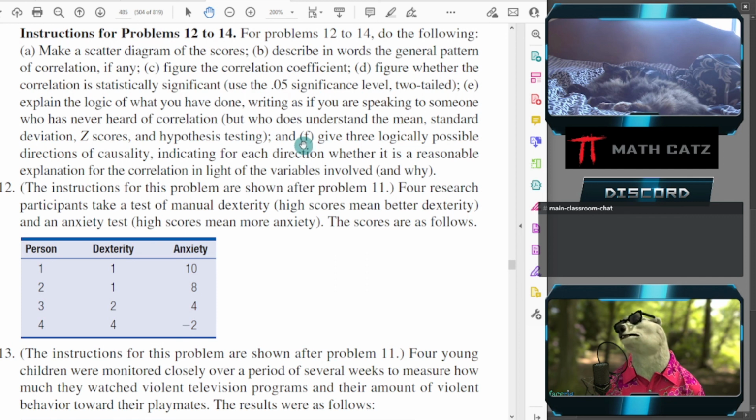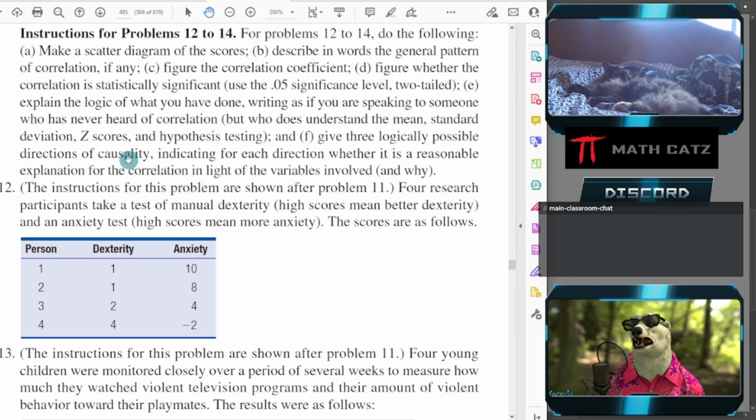And in F, we just want to be aware that this does not imply causality. There is a connection based on this evidence. There is a connection between dexterity and anxiety. It doesn't say what that connection is.